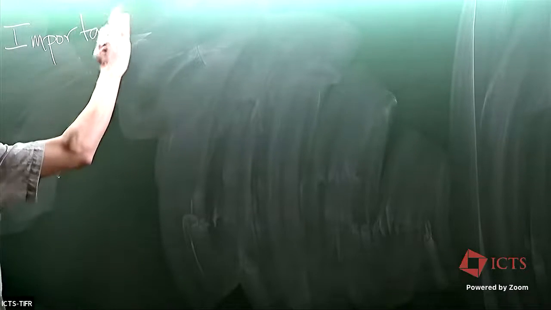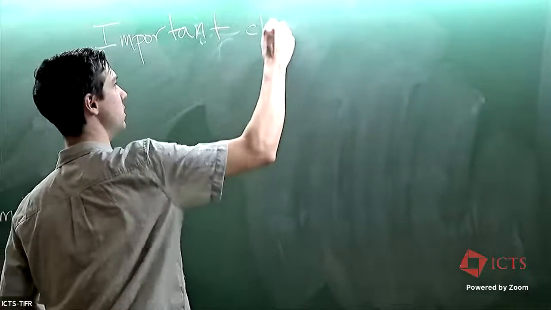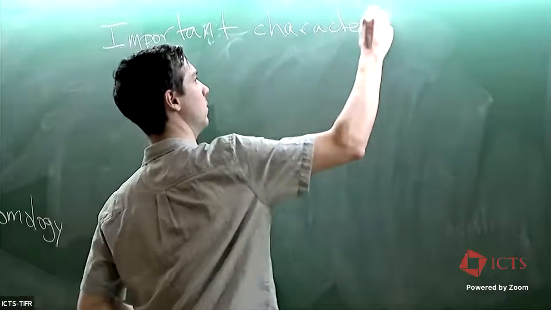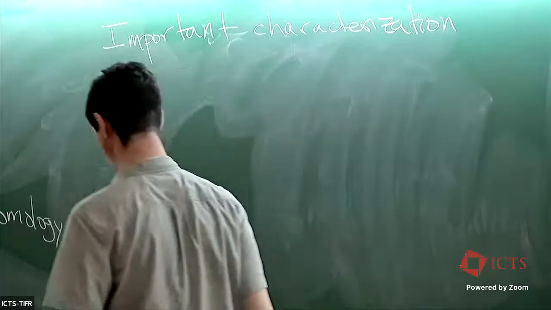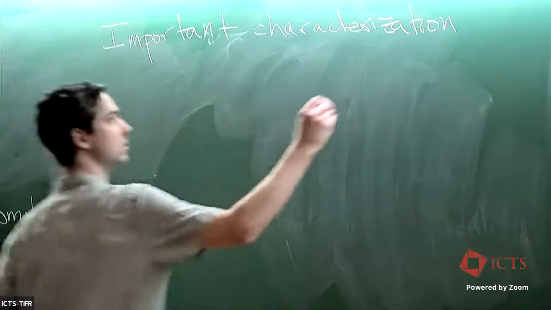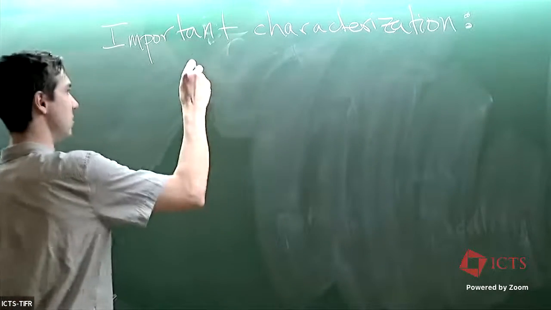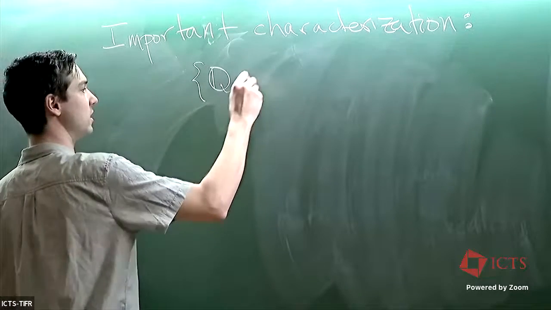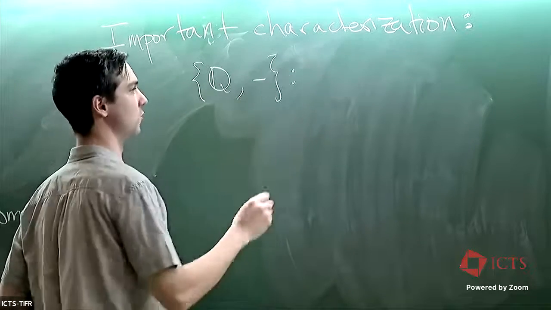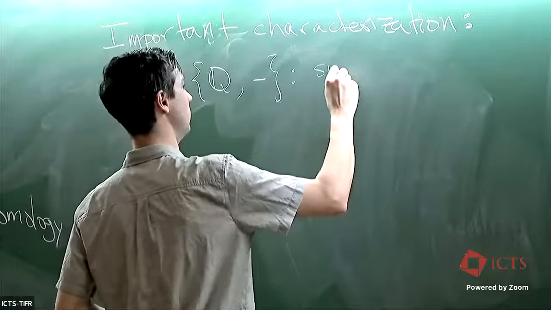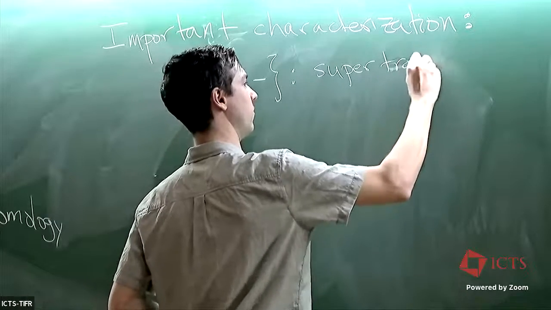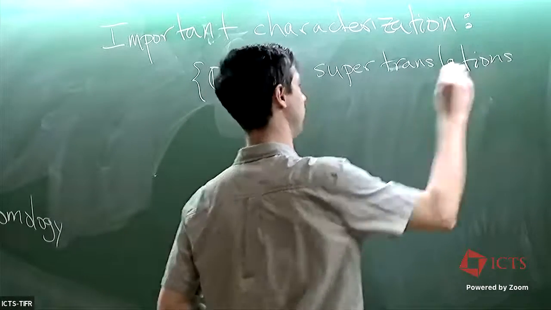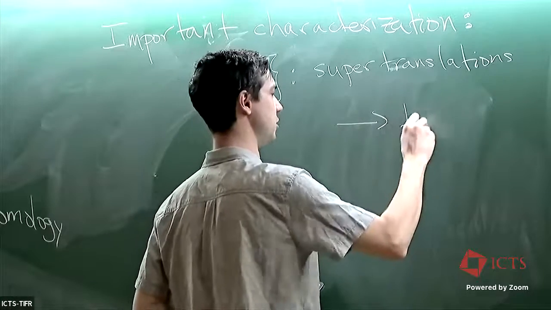The last thing I want to say about twists for now is an important characterization of the twist. Namely, we can consider the map bracket with Q, which goes from our super translations to translations.